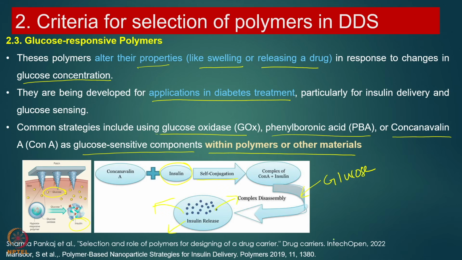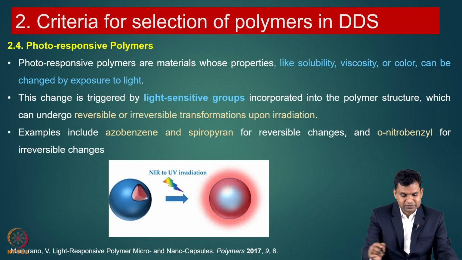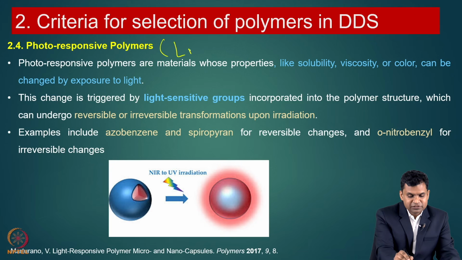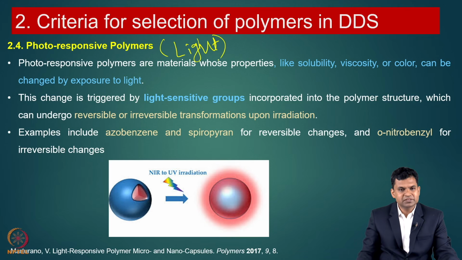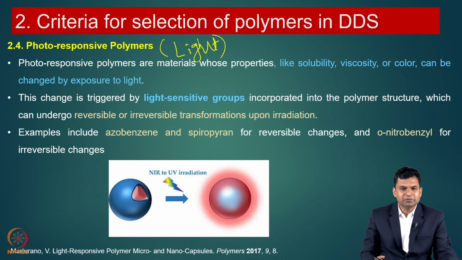For more information you can see these two references, and the fourth one is photoresponsive polymers. Here it is also known as light sensitive polymers, which will respond to light, either NIR or UV irradiation will induce the response of the polymer.